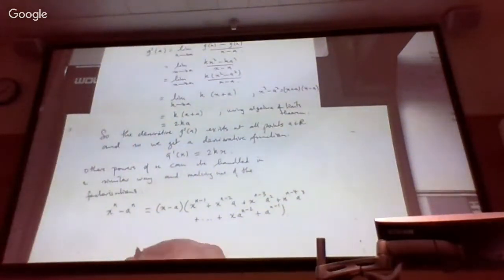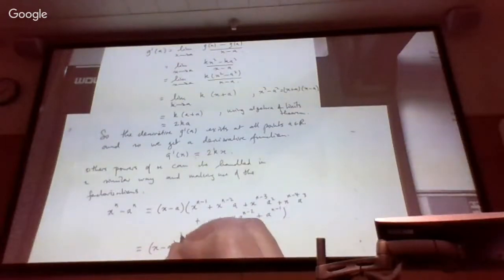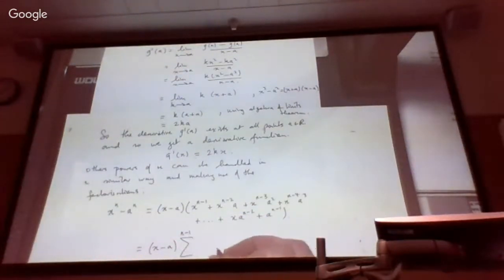Or a more compact way to write that is we can use a big summation here. Think of j as being the index on a. j goes from 0 up to n minus 1, and if you've got a to the j, then you've also got x to the n minus 1 minus j.